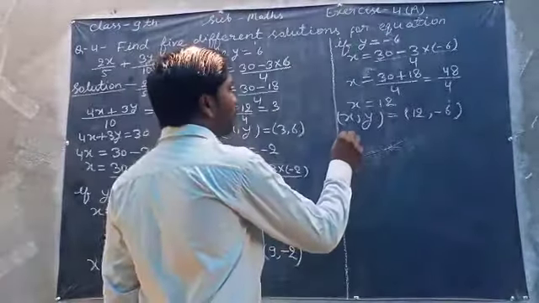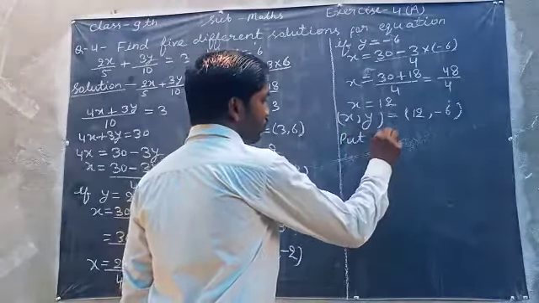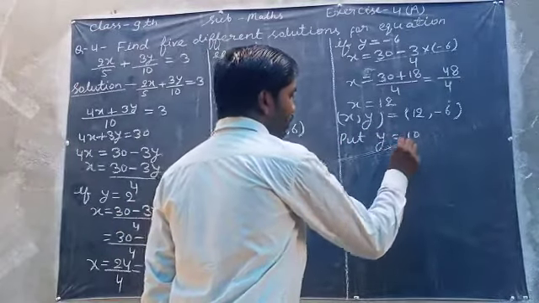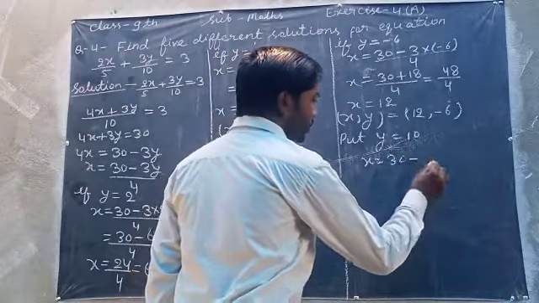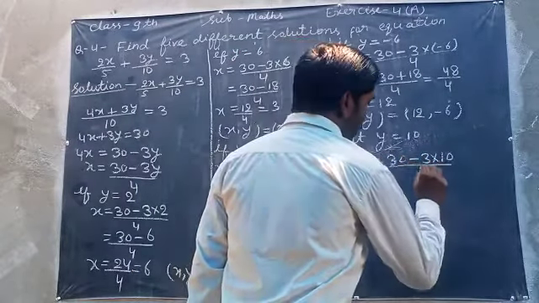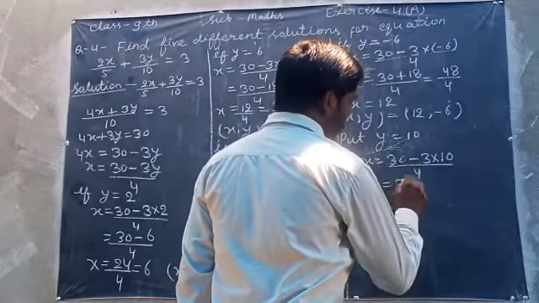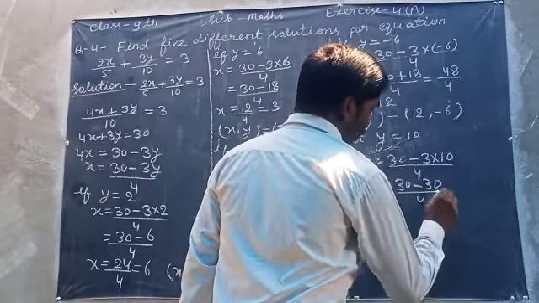Now put y is equal to 10. In this case x is equal to (30 minus 3 into 10) upon 4, which means (30 minus 30) upon 4.